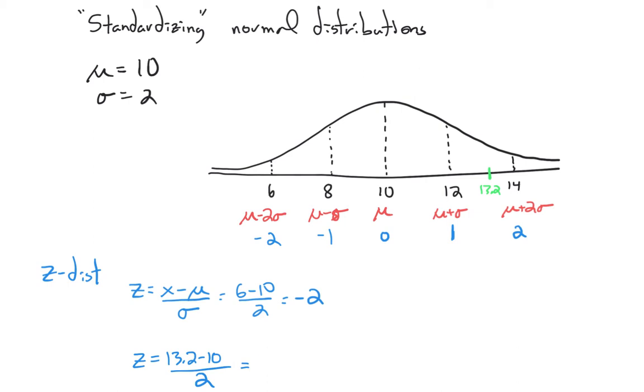That is 3.2 divided by 2, which is 1.6. So the z-score of this point here is 1.6. And that's how we usually think about normal distributions, in that standard language of how many standard deviations away from the mean you are.